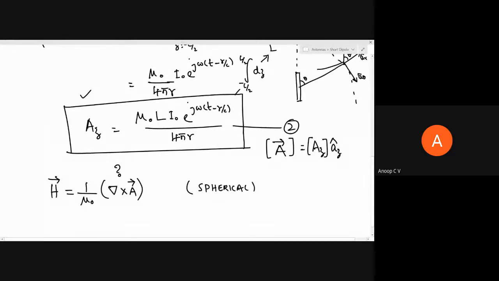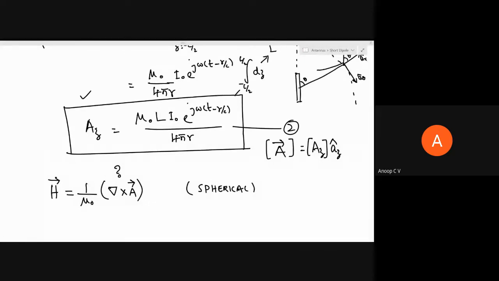Right, now at this moment I would like to stop and take questions, if you have any. Are you clear with what we have discussed so far? Starting from positioning our short dipole, then we considered a differential element along that, then we found the differential magnetic potential due to that differential element, then we integrated that over the dipole.